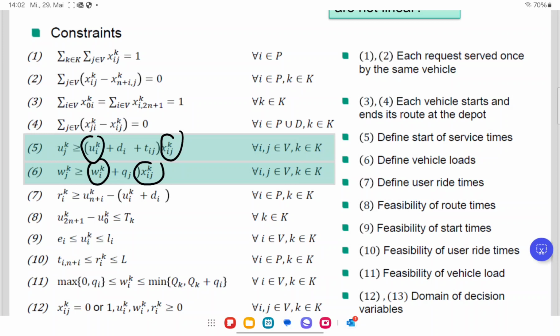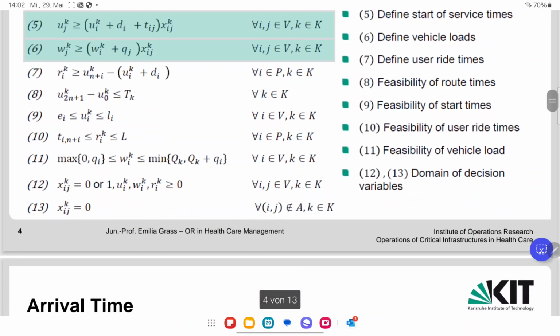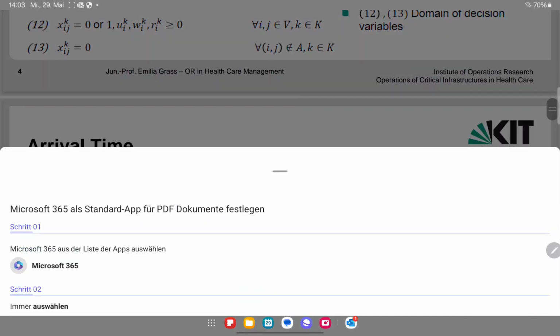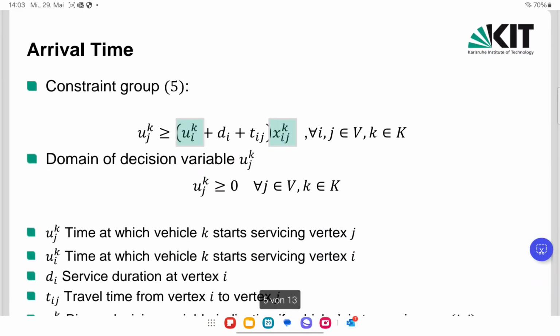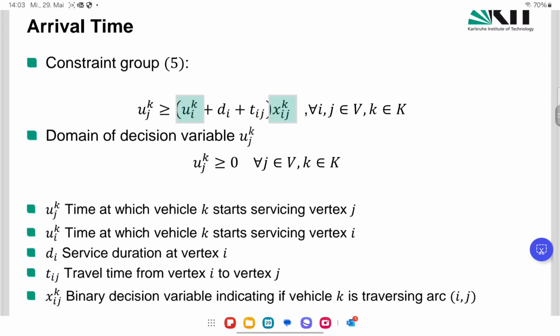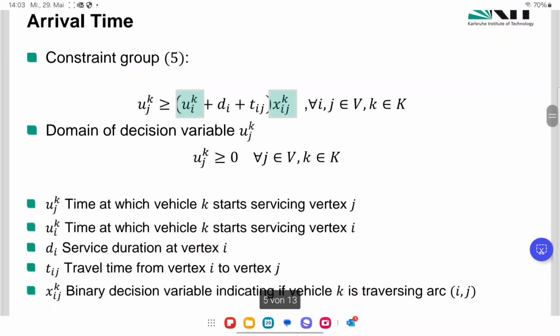But as soon as you have some kind of product or division with several decision variables, you know that this is a non-linear constraint. Okay, and we now would like to get rid of this non-linearity because of the numerical issues that could arise. So let's start with the arrival time, with constraint group 5. Why do we talk about constraint group 5 and not constraint 5?